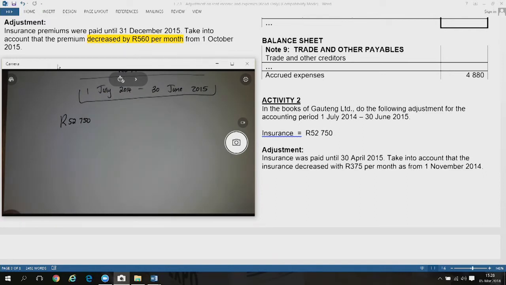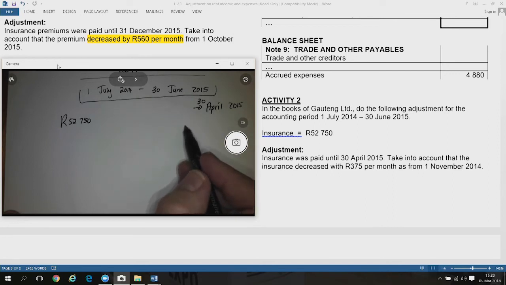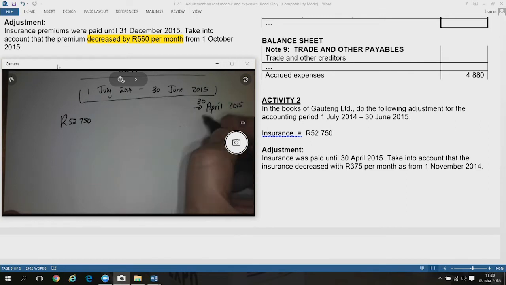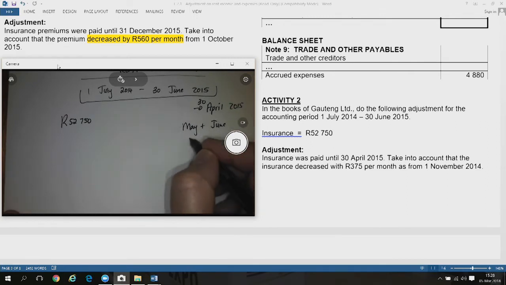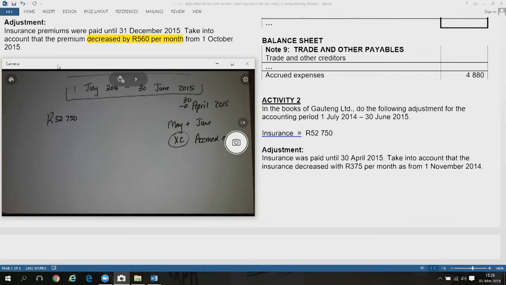The adjustment said that it was paid until the 30th of April 2015. So that means that May and June is not paid yet. Can you see April? Then May and June is not paid yet. So it's times 2 months that we are going to add as accrued expenses. Accrued expenses there. Okay.